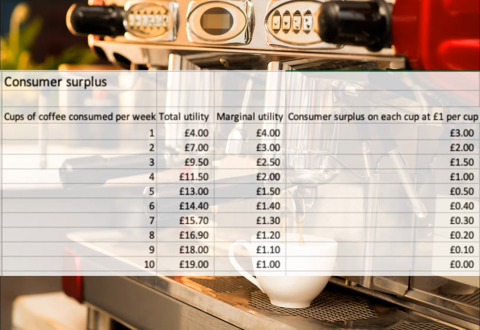If the market price is £1, then the consumer surplus is £3 on the first cup and £2 on the second cup, a total consumer surplus of £5 on the 2 cups of coffee.